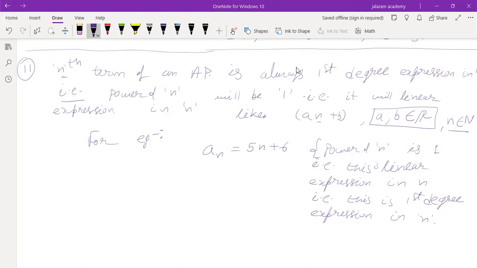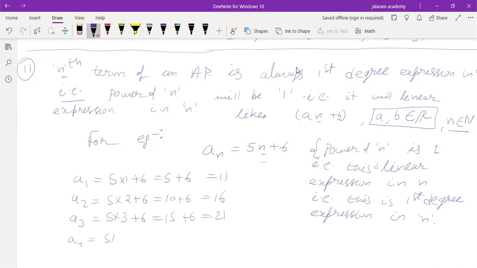If an equals 5n plus 6, then a1, the first term, is 5 into 1 plus 6, which is 5 plus 6 equals 11. A2, the second term, is obtained by replacing n by 2: 5 into 2 plus 6, 10 plus 6 equals 16. A3 is obtained by replacing n by 3: 5 into 3 plus 6, 15 plus 6, 21.